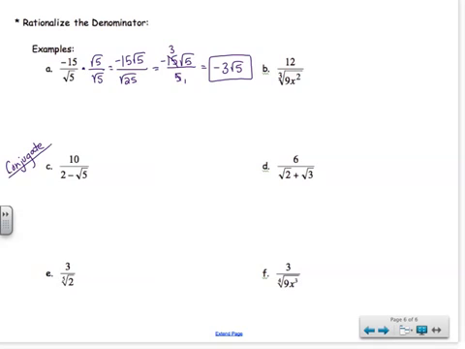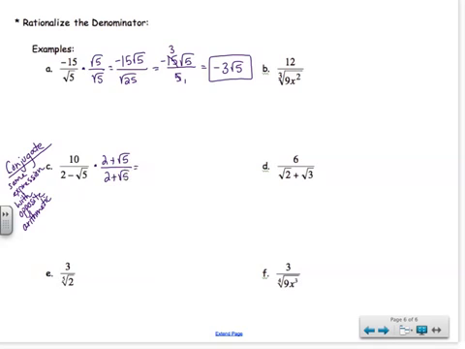So the conjugate of an expression is the same expression with the opposite arithmetic. So in this case it's subtraction. We're going to change the arithmetic to addition, but you're going to keep the 2 and the root 5. So I'm going to multiply here by 2 plus root 5 over 2 plus root 5.